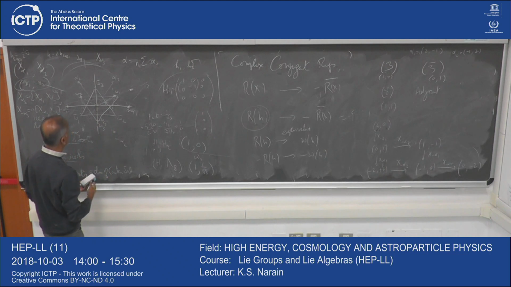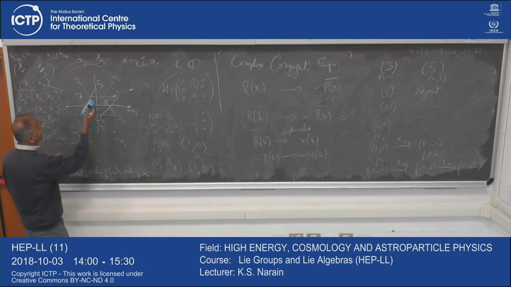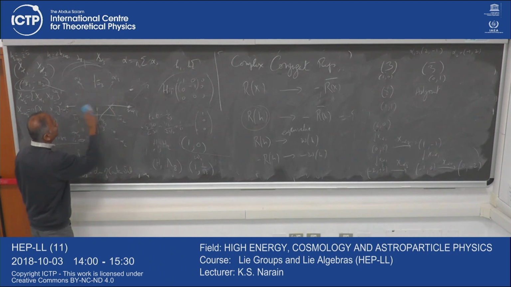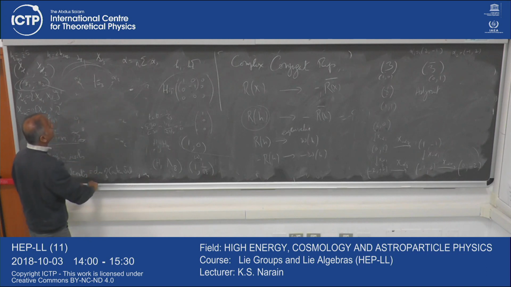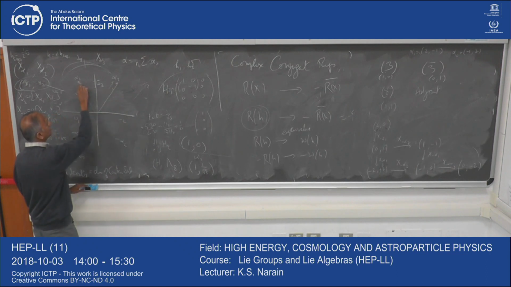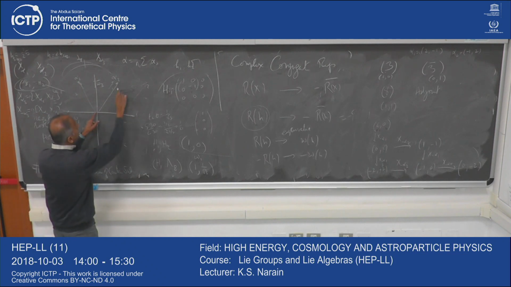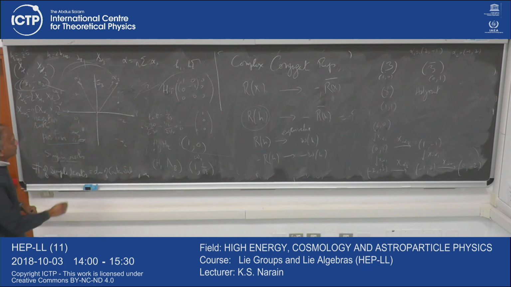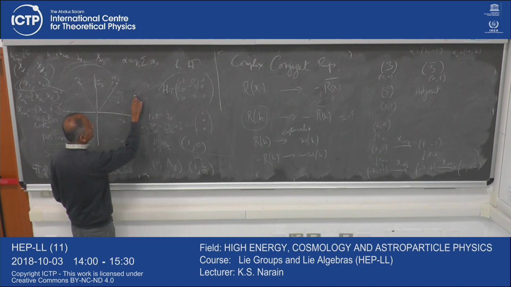This is horrible. Maybe I should erase this and try to draw it again because it's not visible. So here were the roots. We need to draw the roots, otherwise it's hard to see what is happening. Okay, and then here we said this fundamental W was somewhere here. But now we are taking twice this W, so it is here.